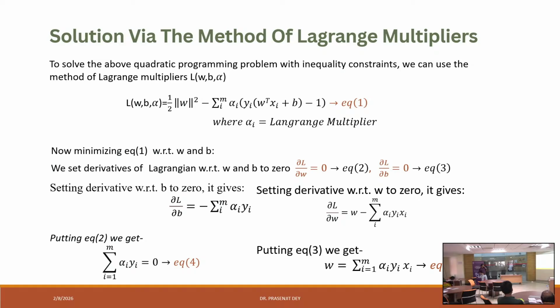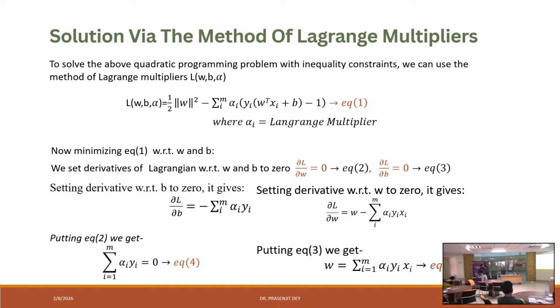Similarly, in the second expression, if I differentiate with respect to b, this term is a constant, so it will become 0, and the only term that remains is alpha i, yi, b. The term alpha i, yi, w transpose xi has no b, so it is constant, and the term with alpha i only is also constant, so it will cancel out.